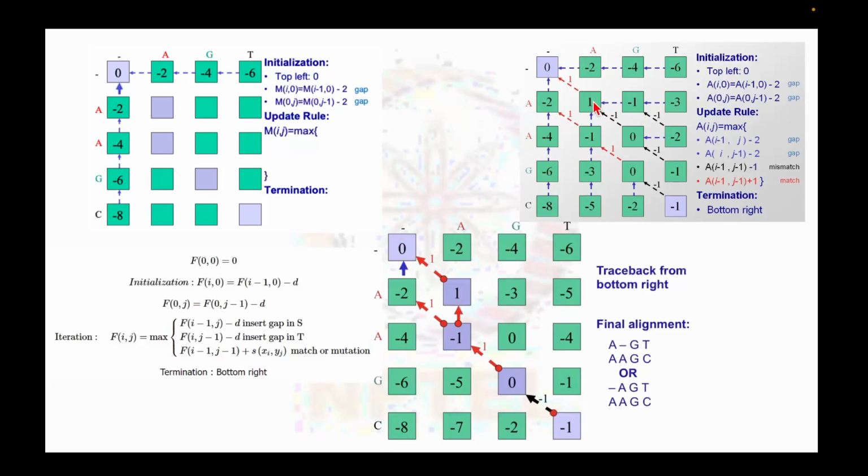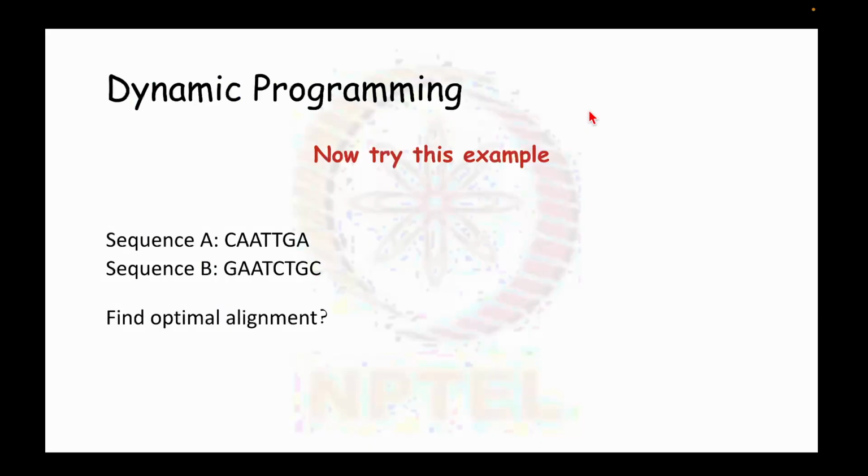For example, the value is the maximum of three values observed by inserting a gap in sequence S, or a gap in sequence D, or a match or mismatch condition. This arrow mark indicates that this value is obtained from this 0. So it's a match or mismatch score here. So it's a match score here. So we will try this example to find the optimal alignment.